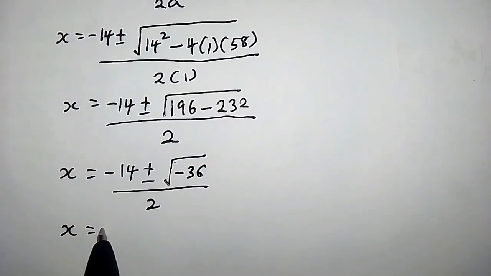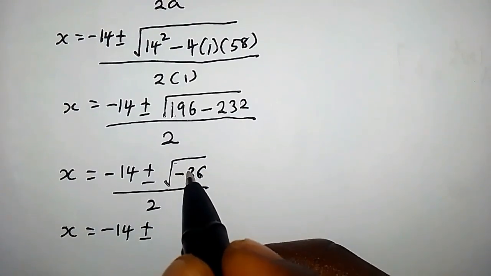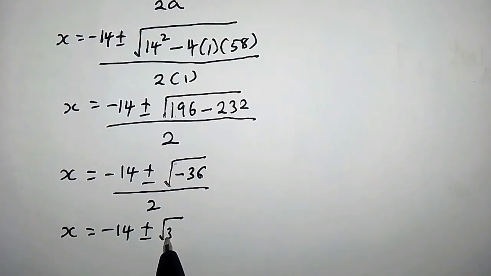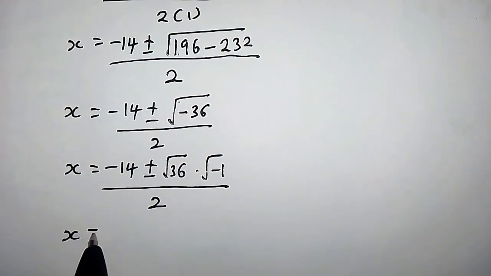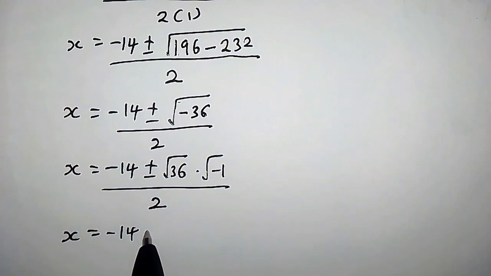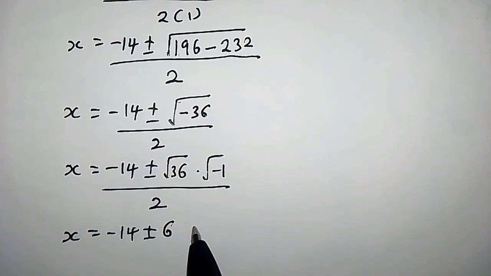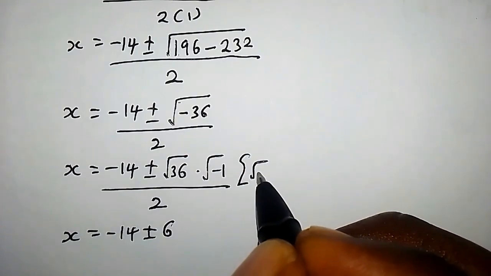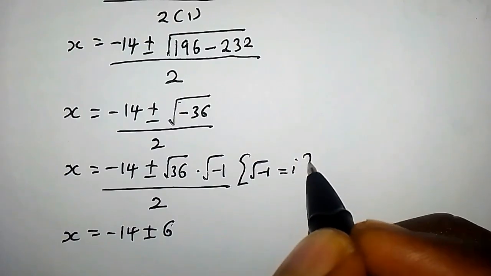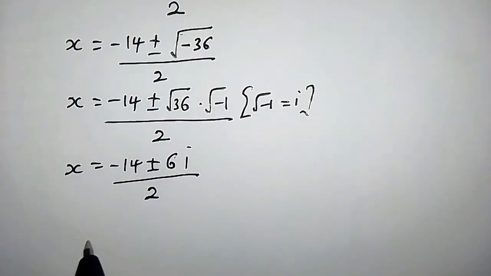I can rewrite this as the square root of 36 times the square root of negative 1, divided by 2. What is the square root of 36? That is simply 6. And don't forget, from complex numbers, we know that the square root of negative 1 is equal to i. So we have i here, divided by 2.